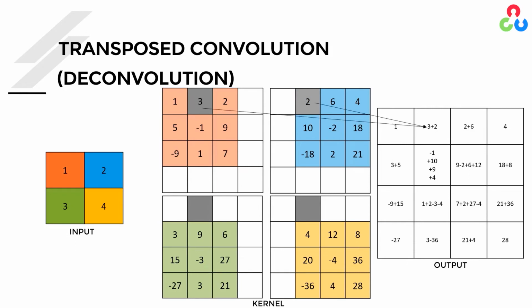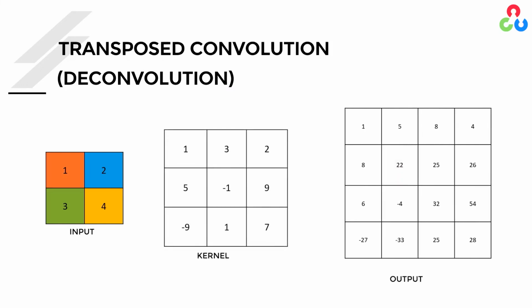So 3 plus 2 goes here, and there are other numbers where there are multiple overlaps. For example, for this cell, we have to calculate -1 plus 10 plus 9 plus 4. So that will give the value for this cell. And if you look at the final numbers, this is what a transposed convolution looks like.